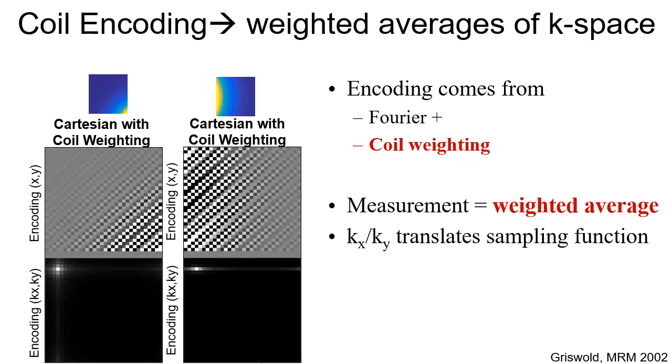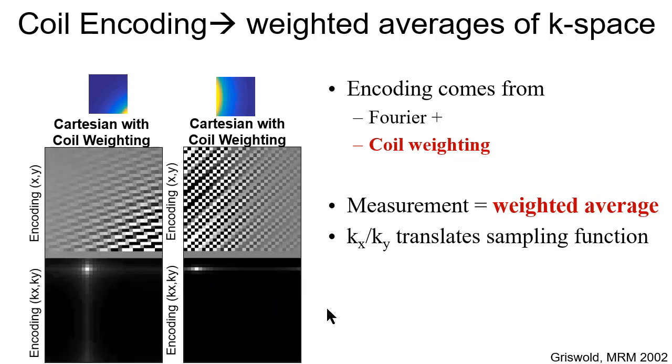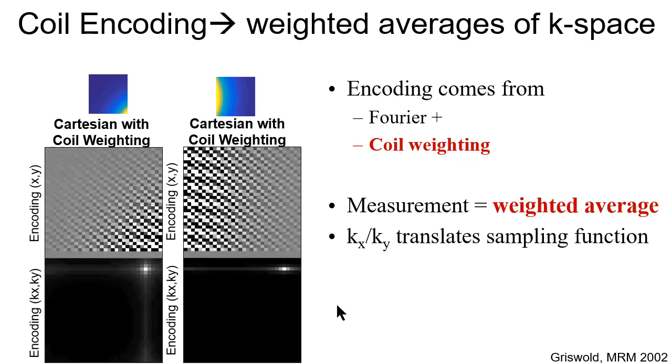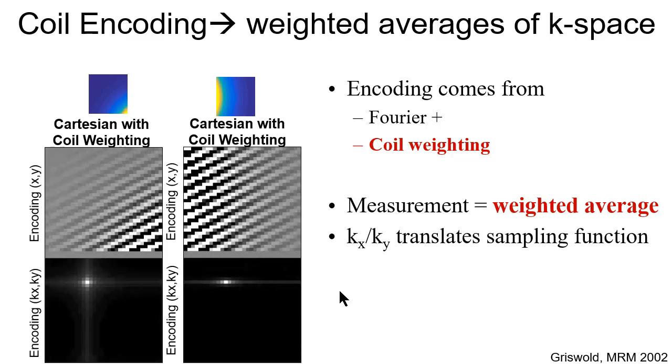Now consider we have, in addition to the linear gradients, some coil sensitivity weighting. So maybe these are the hotspots in the coil sensitivities. Now the Fourier transform of these is this thing, and our measurement is a weighted average. However, just like before, kx and ky are going to translate the sampling function across k-space, so we're taking these measurements everywhere.